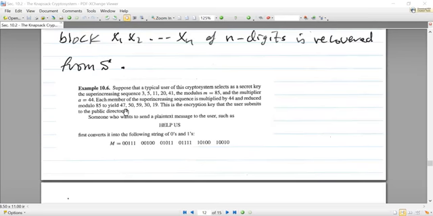which is non-super increasing, which is 47. So these are the B's, the 47, 50, 59, and so on. And this is going to be actually the encryption key, which is going to be public. And the user actually publishes this sequence.